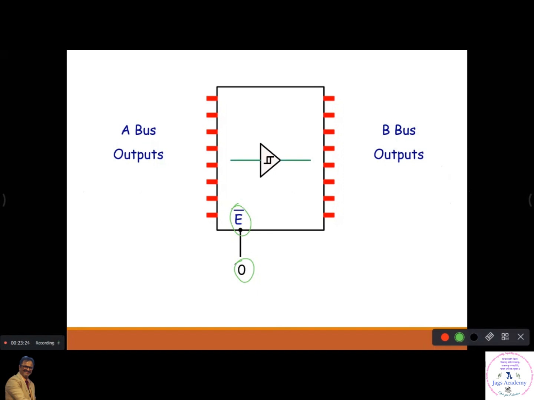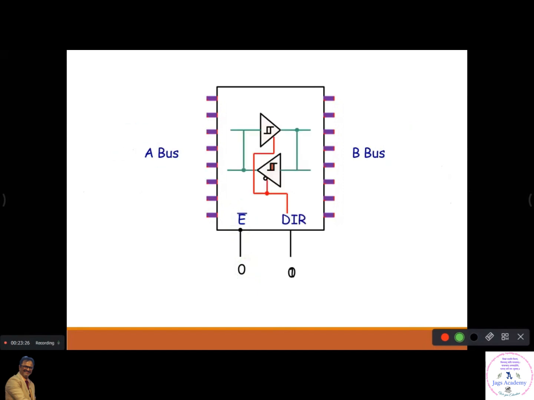And you see that the exact picture of this is this one. See how it actually is. This is nothing but one latch and this is another latch, connected in the reverse, opposite way, right? This is a buffer.